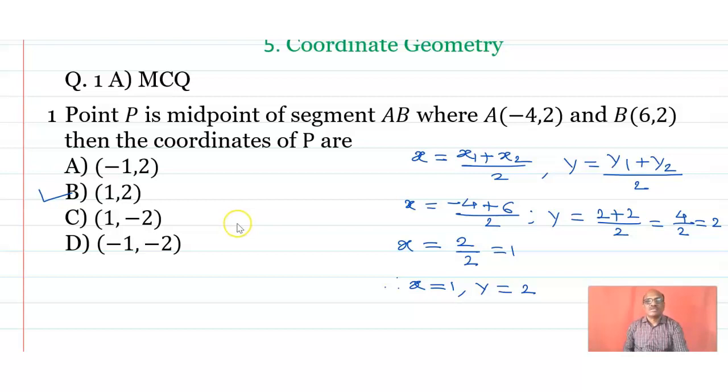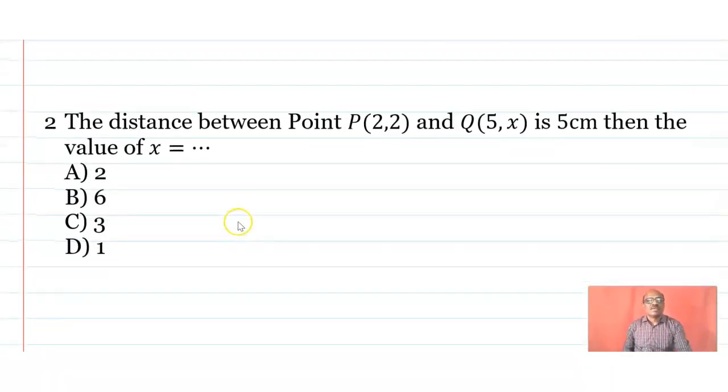Now the next question. The distance between points P (2, 2) and Q (5, x) is 5 centimeters. Then what is the value of x? Okay. Now here we'll apply the distance formula.